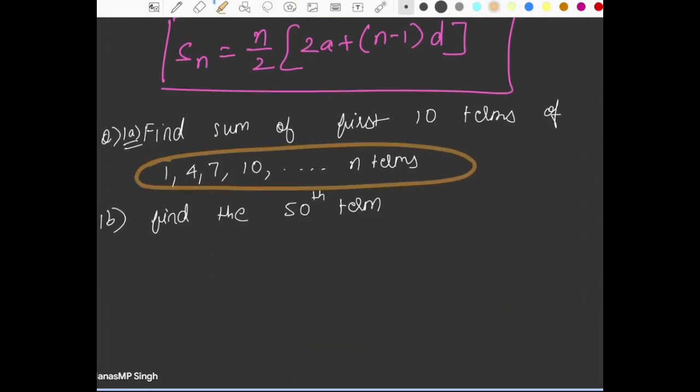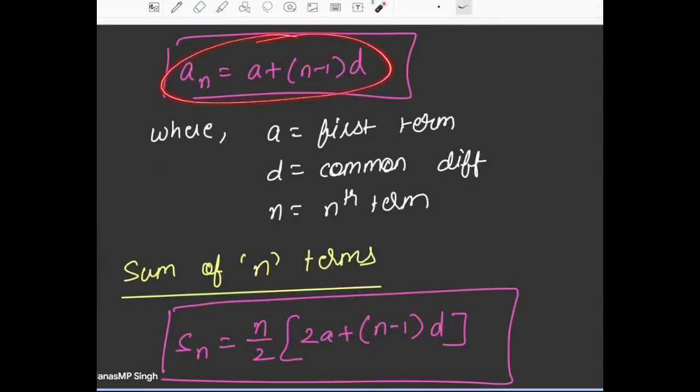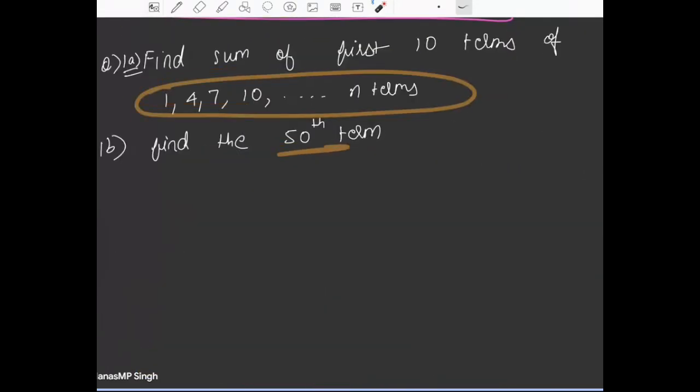First, we'll find the 50th term. The 50th term means we need to use this formula. Let's see how the values change. An, you know the value of n is 50, correct? The value of a is the first term in the sequence, 1. The common difference: subtract any number by its previous, so 4 minus 1, we get 3.